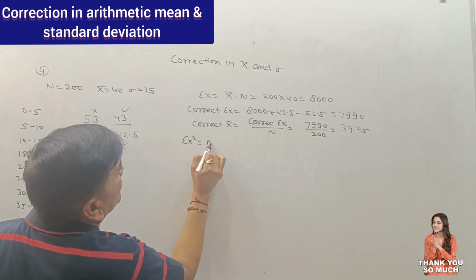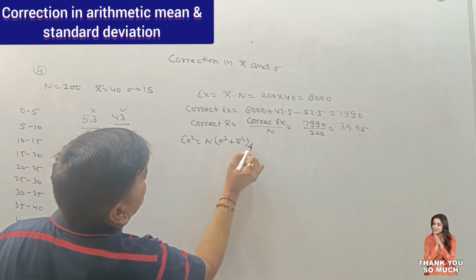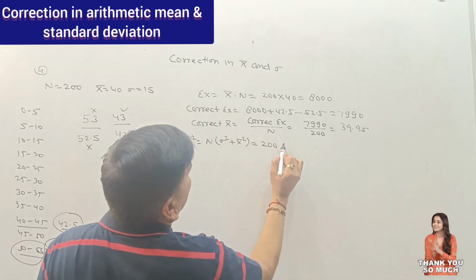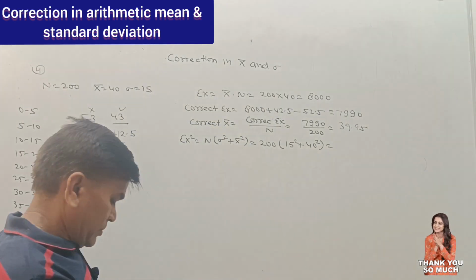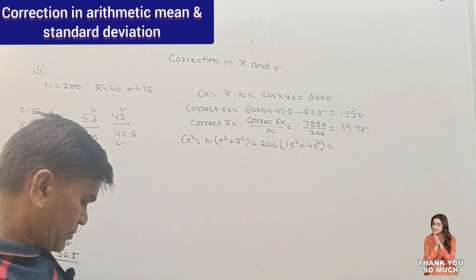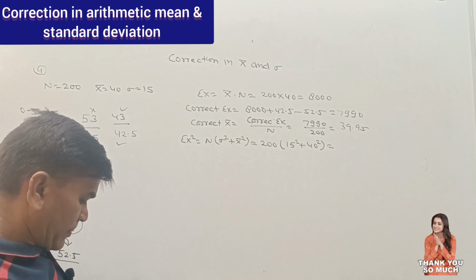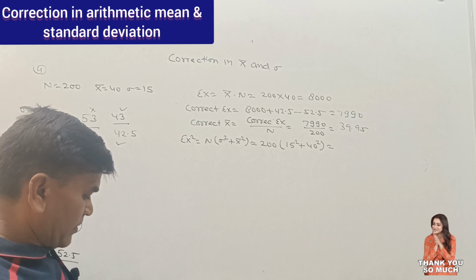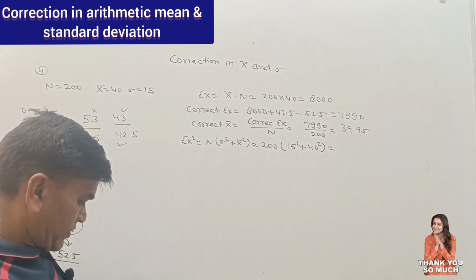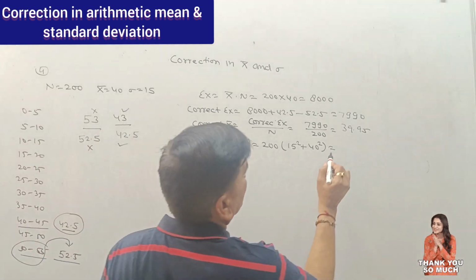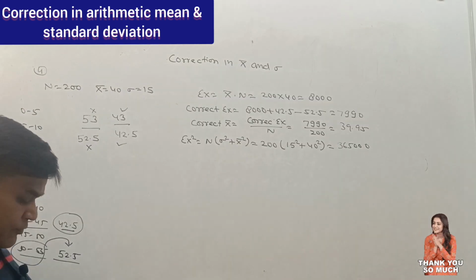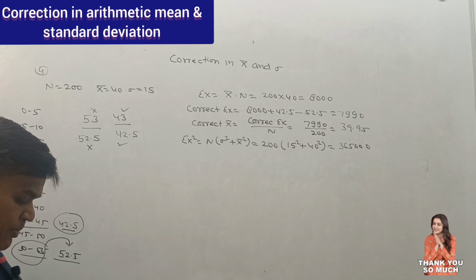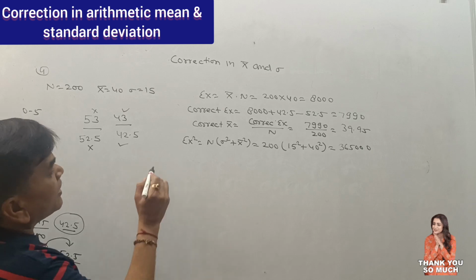Sigma x square is equal to n times standard deviation square plus x bar square, that is 200 times 15 raised to power 2 plus 40 raised to power 2. 15 squared is 225 and 40 squared is 1600, so 1825 multiplied by 200 is 365,000.